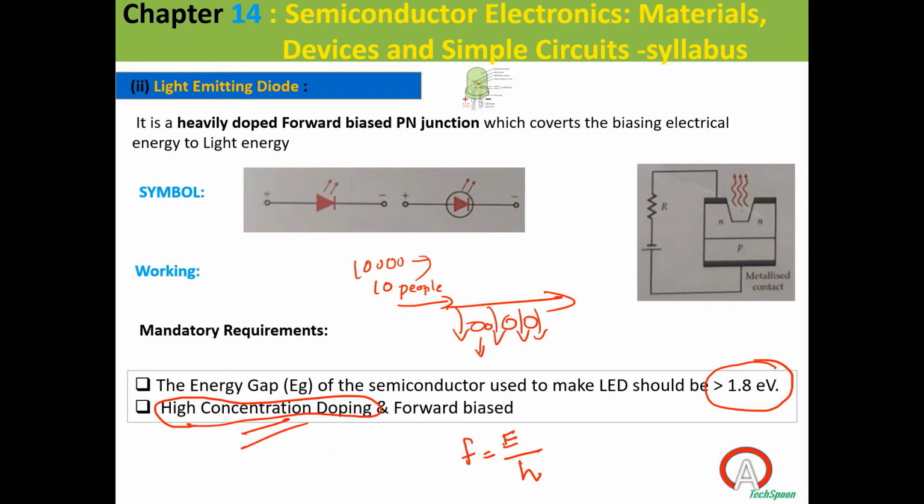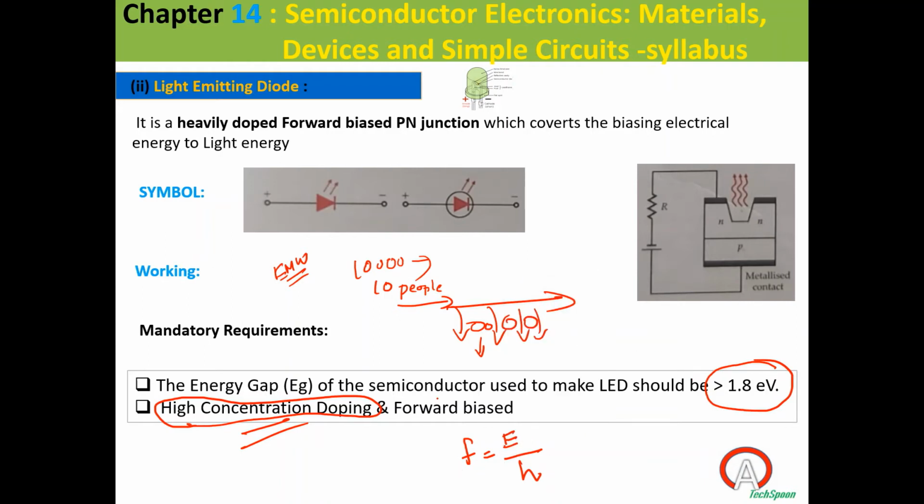The frequency of the emitted wave, we don't know it is visible light. The frequency of the EM wave emitting due to the recombination depends on what? The energy and h. H is a constant, so this frequency is proportional to the energy.